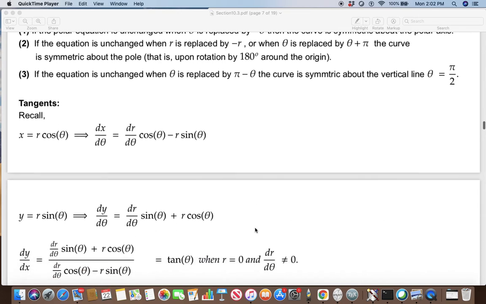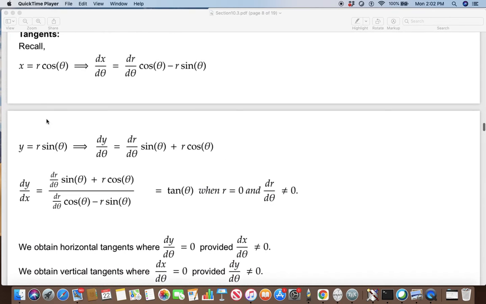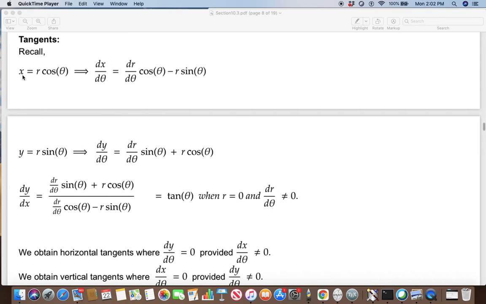All right. Tangents. Now, this is an important small topic before we go to problems. Recall, x is r cosine theta. Therefore, dx d theta will be, by product rule, dr d theta times cosine theta minus r, derivative of cosine is sine theta. You see, y is r sine theta.